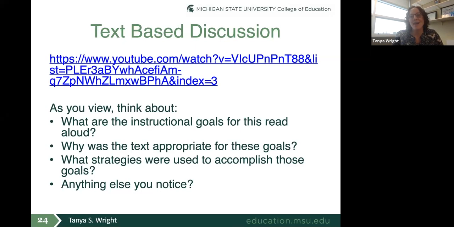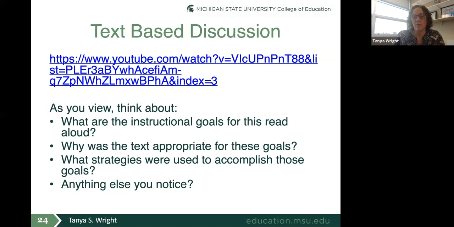They're not there yet, but we're starting to do this kind of work. This is what it looks like in kindergarten, and it's going to look different when we get to older kids. So again, here they actually did not do the read aloud and the text discussion in the same sitting, which I think is also another very important strategy for young children, right?